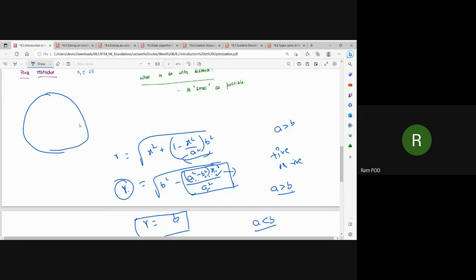Assume this to be a 3-dimensional figure, and this is going to be your cone. This is the circle of the sphere. This is going to be R. Let's call the radius of the sphere capital R. The radius of this cone, that is the base, is going to be smaller.